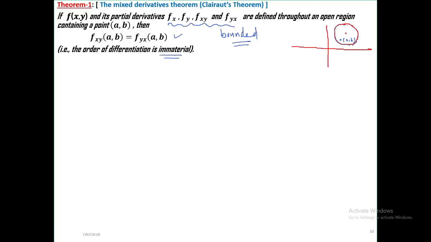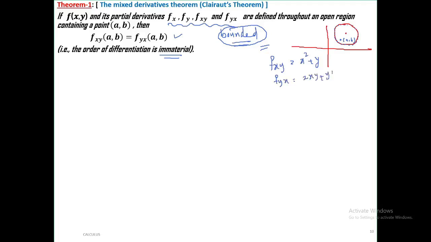That means they will not change. Either you can do first with respect to x or first with respect to y. That is true whenever all these partial derivatives are bounded. If they are not bounded, then these two are different. That means the functions fxy, fyx will become different. For example, if you do fxy you may get x square plus y, and if you do fyx you may get 2xy plus y square.